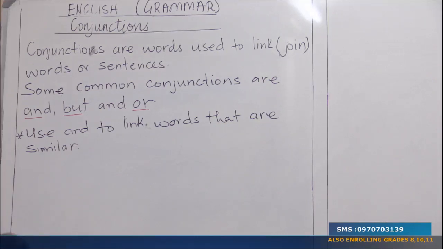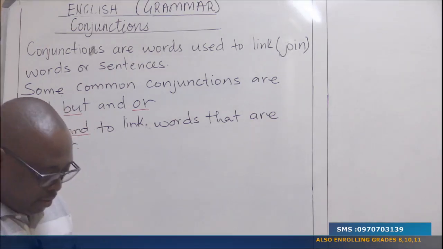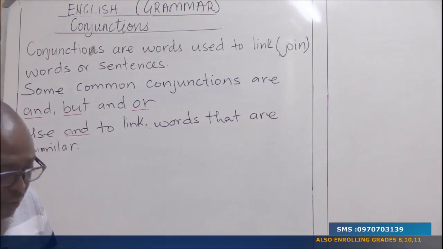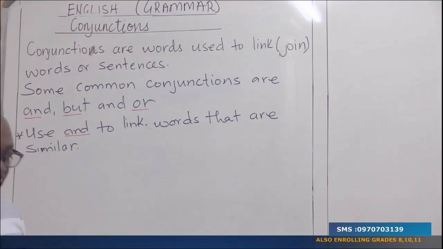Okay, so we use and to link words that are similar. So I'll give you examples of sentences or words that we can link that are similar in a sentence.